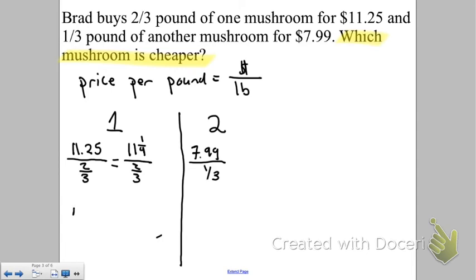So that becomes 4 times 11 is 44, plus 1 is 45, multiplied by the reciprocal, which is 3 over 2. When I multiply this, 45 times 3 is 135. 4 times 2 is 8.